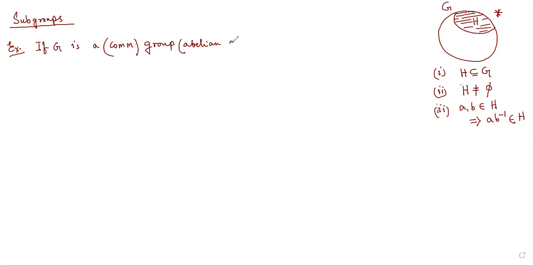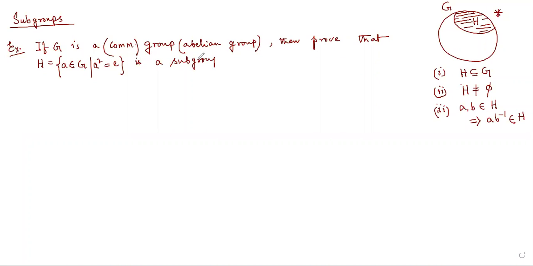So if G is a commutative group, then we are supposed to prove that the set capital H, which is defined as this set containing all those elements a of the group G for which a square equals e, is a subgroup of capital G.